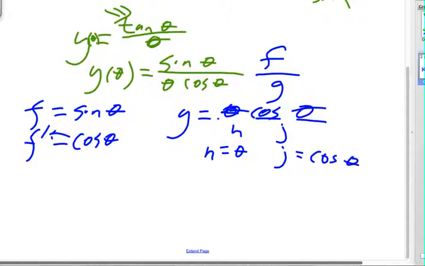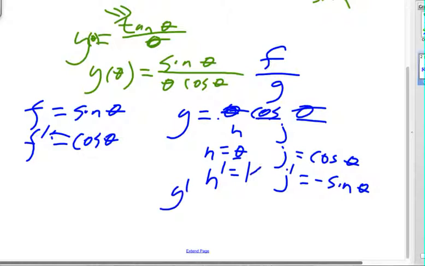I take the derivatives. H prime is 1. Remember, I take with respect to theta. J prime is negative sine of theta. So G prime now, I have to put these together.